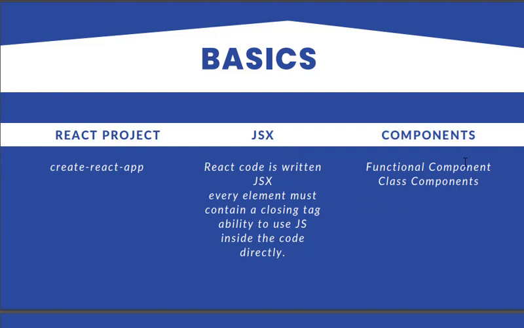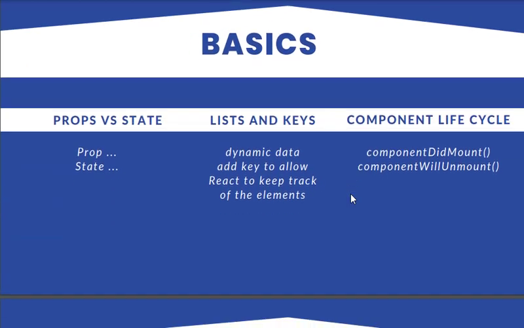We have two types of components in React: functional components and class components. Class components were the traditional or previous code, but nowadays we use functional components. So now we will move to other concepts.